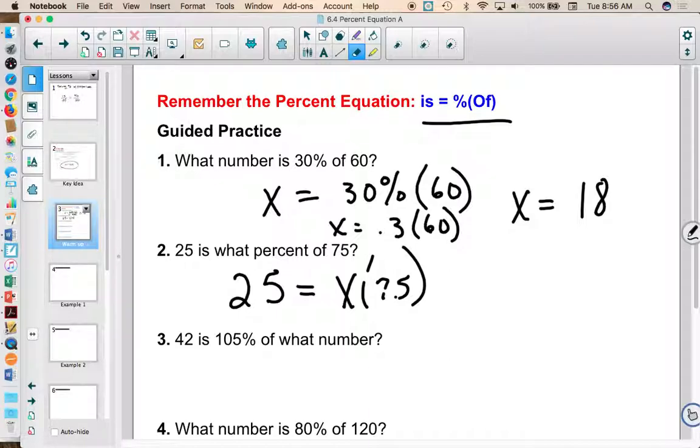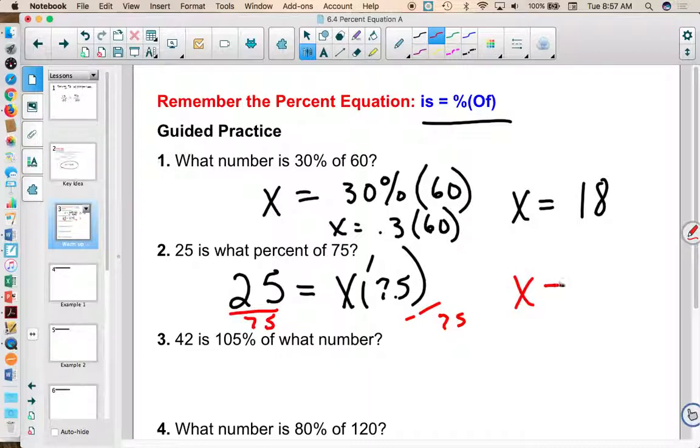That's exactly how you set that up: 25 is or equals x times 75. Can you solve for x? It's a one-step equation. How would I solve for it, Ben? Divide both sides by 75, right? So x equals what, Aaron?